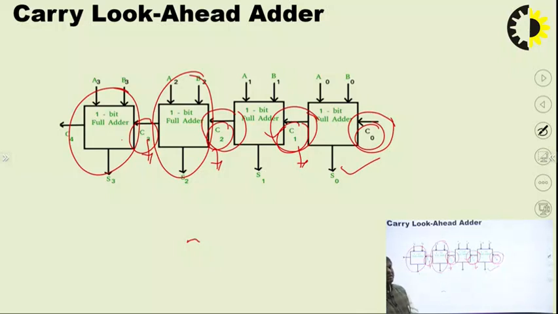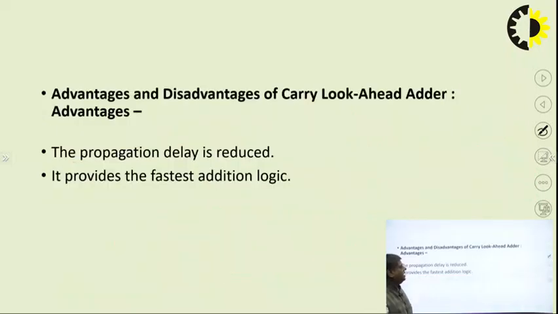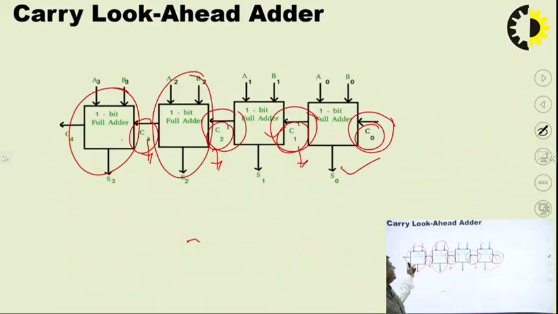That is the main concept. This is the main objective of this circuit diagram, to remove all the propagation delay by calculating the advanced carries, that is C3, C2, C1 and C0. So, with the help of these mathematical equations, equation 1, equation 2 and equation 3, we calculate these 3 carries in advance, and we implement them in this circuit diagram.